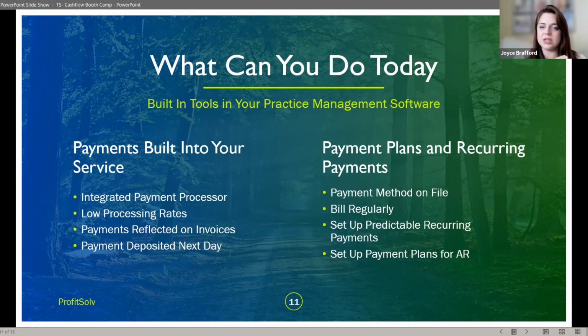So let's talk about some of the other things that you can do and why an integrated solution like this matters. Again, you want to set up payment plans and you want to set up recurring payments. Payment plans for anyone that has an outstanding accounts receivable balance with you. They need to know what they're going to be charged, when they're going to be charged. You need to have a credit card on file, and that needs to hit like clockwork over and over again until that AR balance for that particular client is zero.